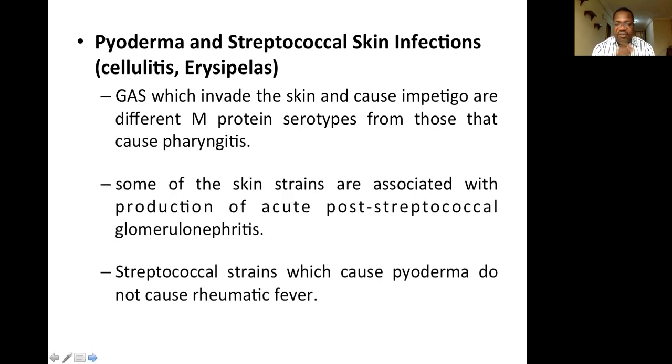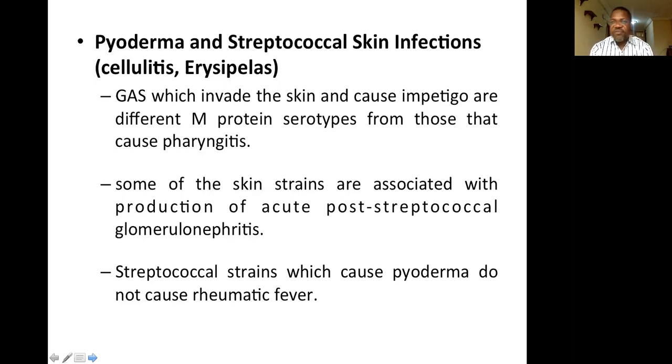The reason this is important is that these serotypes are associated, as a complication, with what we call post-streptococcal glomerulonephritis. People who present with glomerulonephritis as a result of a previous streptococcal infection, if you look in their history, you will find that they had a skin and soft tissue infection, like impetigo or cellulitis.